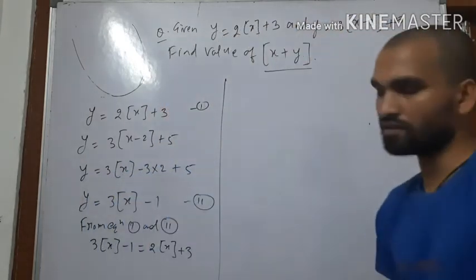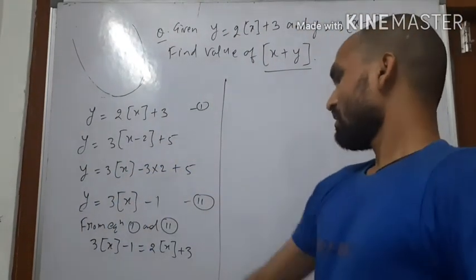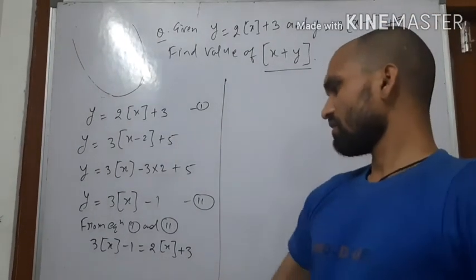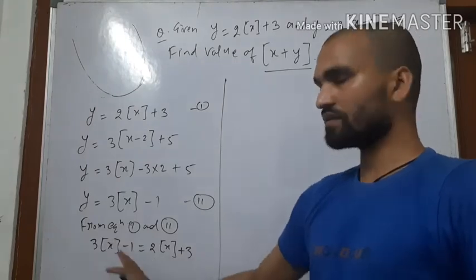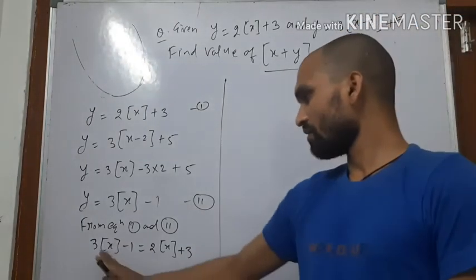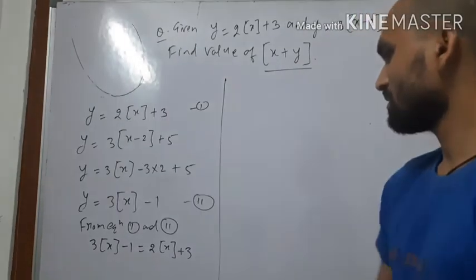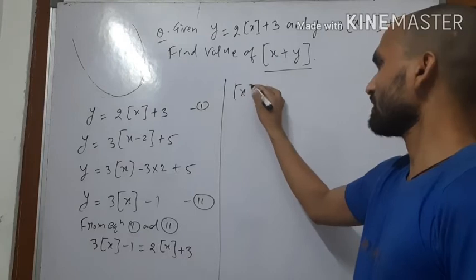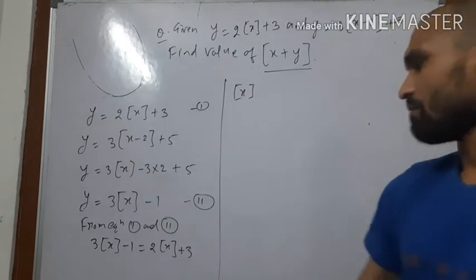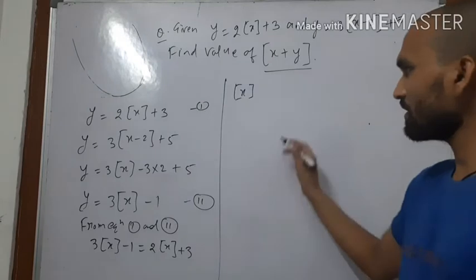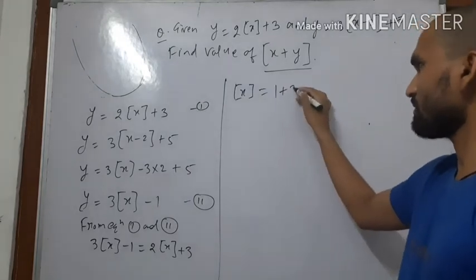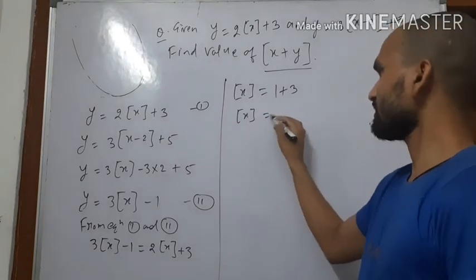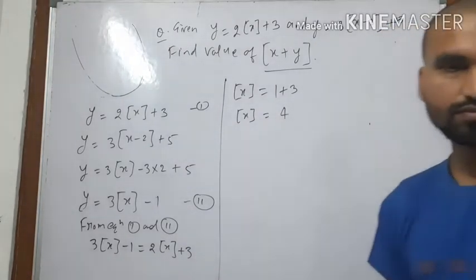What happens in the next step? 3 greatest integer x minus 2 greatest integer x, the remaining is only greatest integer x. Minus 1 on the left side, when taken to the right side, becomes plus 1 plus 3. Okay, that is greatest integer x is equal to 4.